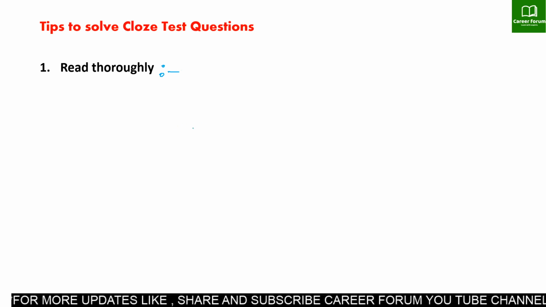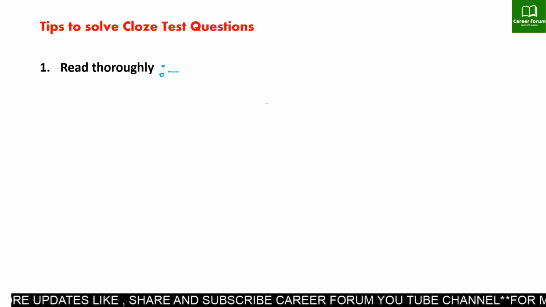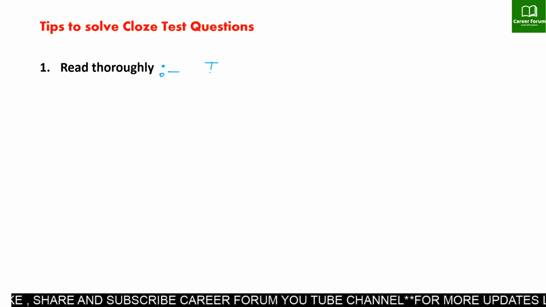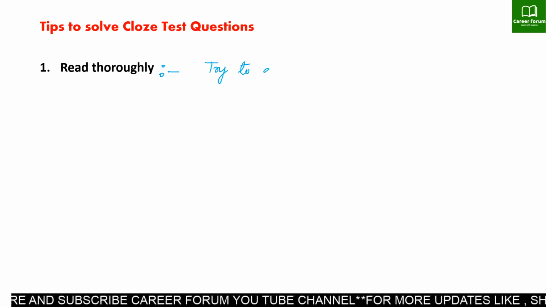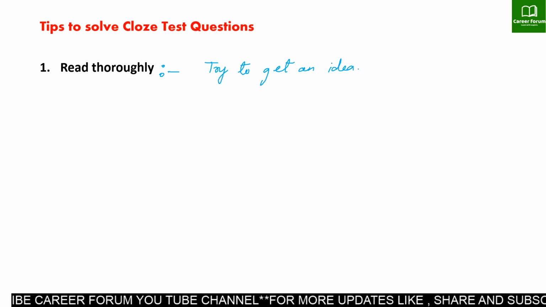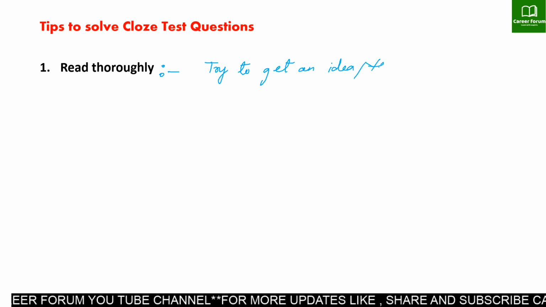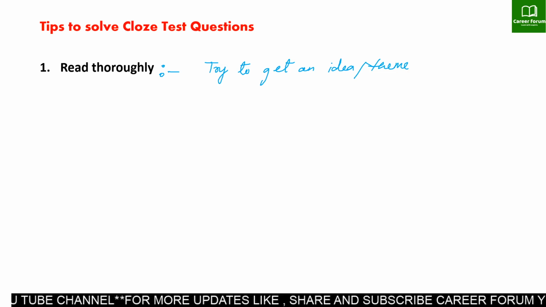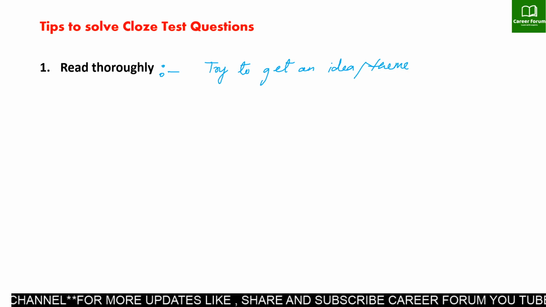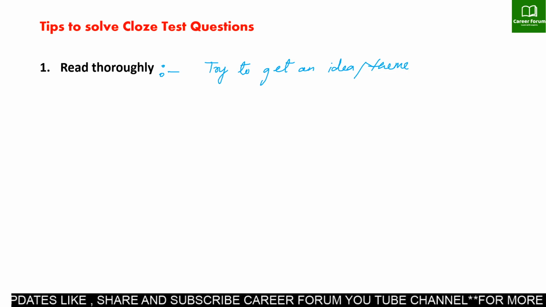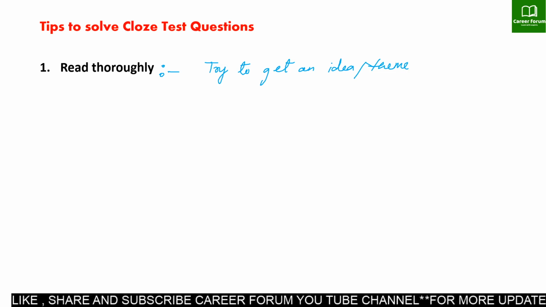What you have to do here is read the passage carefully and thoroughly to get an idea, or simply we can say its theme. Read slowly and try to understand the context given to you, and once the theme of the paragraph is clear, it becomes easy to understand it. So it is important to read it thoroughly to get an idea or theme of the given paragraph.